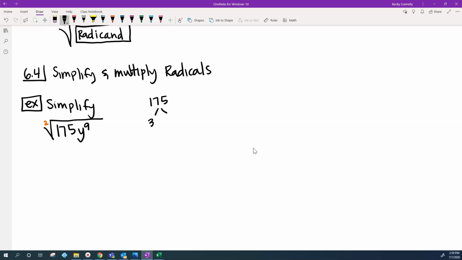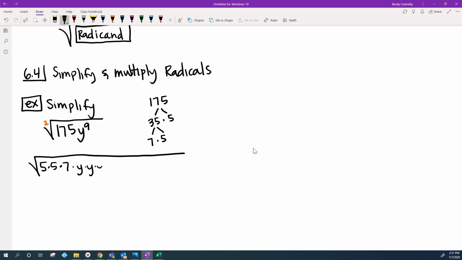So I'll say 35 times 5 is my 175, and then 35 can still break down to be 7 times 5. So then I can see here, let me rewrite this down on this first one. So if I have the square root, I'll just write a big thing down here, 5 times 5 times 7 is my 175.